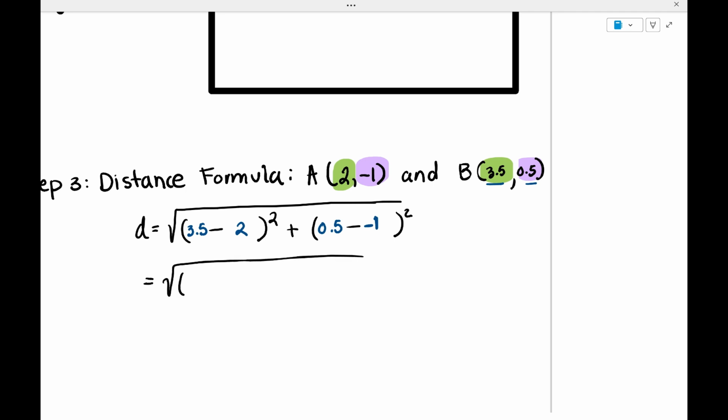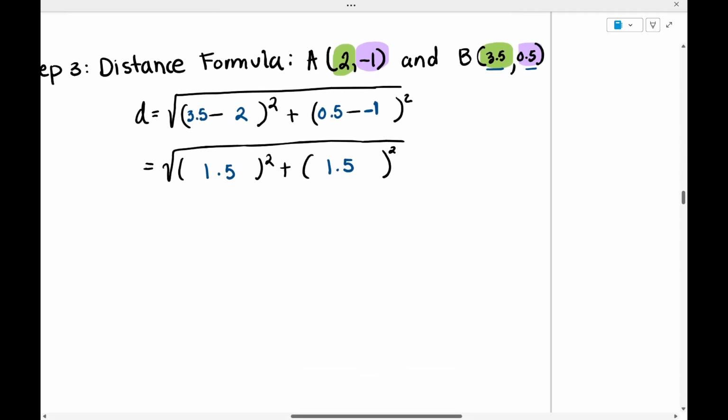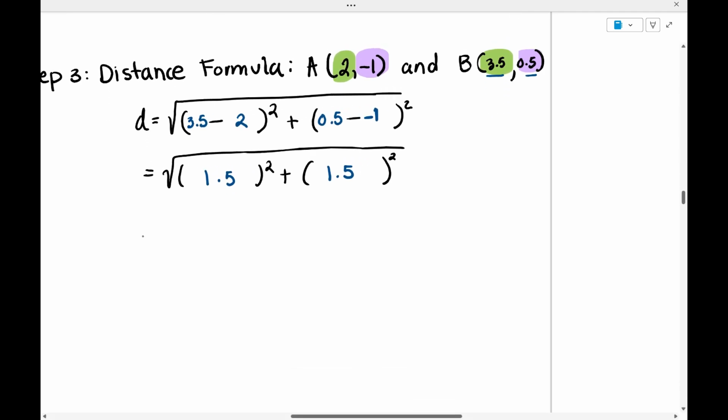And then we're going to go ahead and start simplifying. So inside the first parentheses, if we take that difference, we get 1.5. And on the second one, we have that double negative, so we're adding instead of subtracting. And then we just go ahead and square each of those values, which is the same thing.